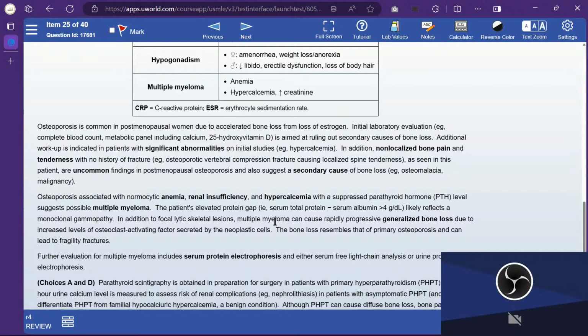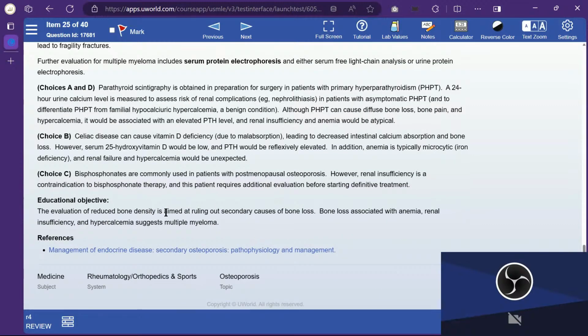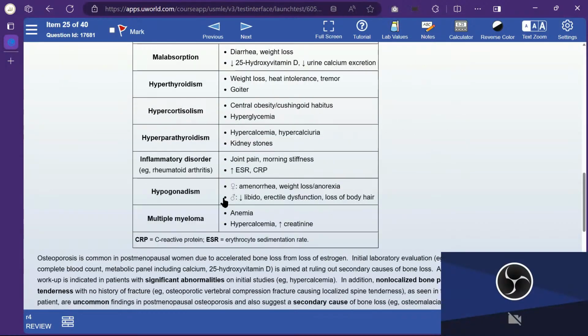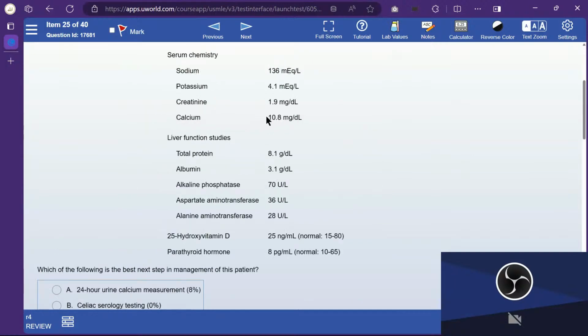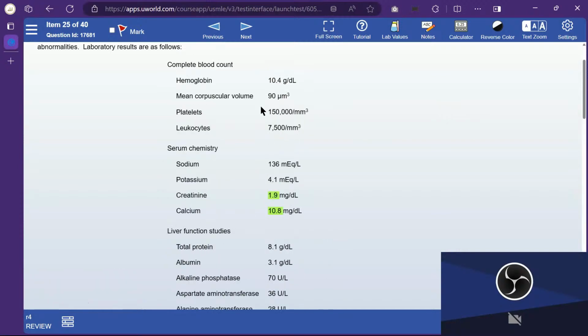There is anemia, hypercalcemia, renal failure, creatinine is high.